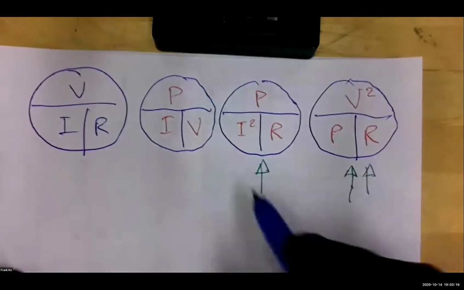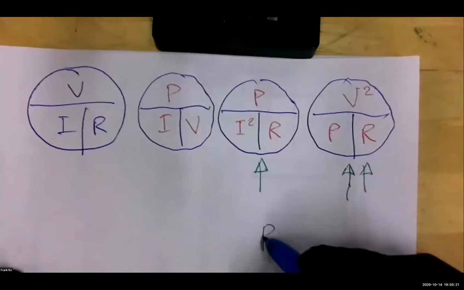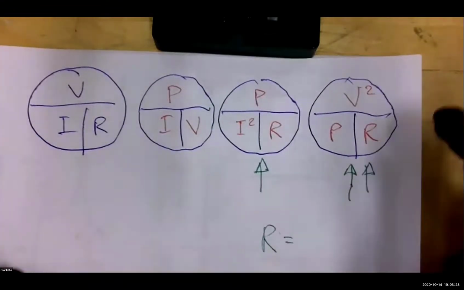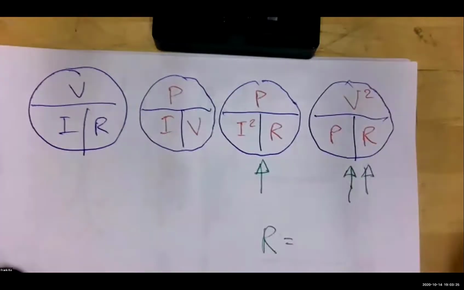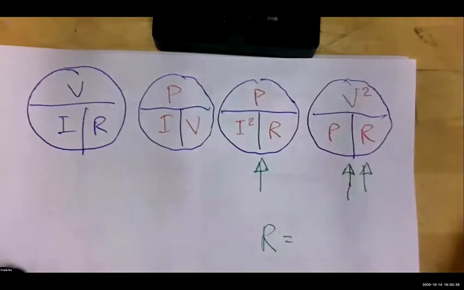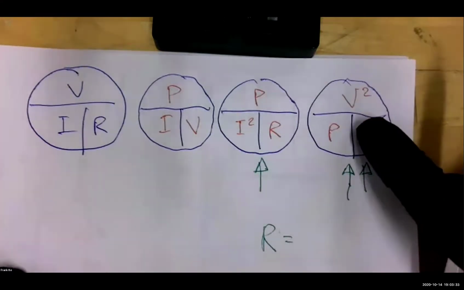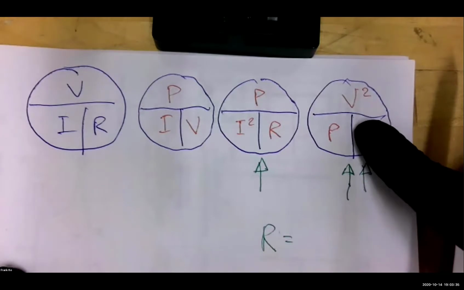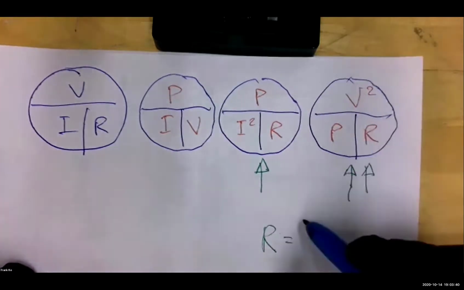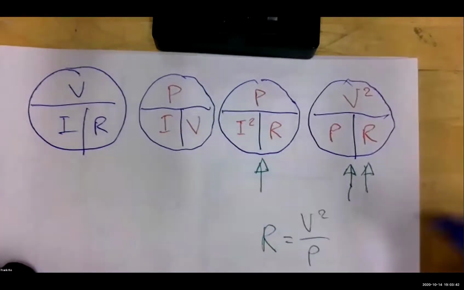So your resistance would be equal to what? If I'm looking at this particular circle here, how would I derive the formula for resistance? I'll put my finger over the R. What's left is V squared divided by power, right? So here's your V squared divided by power.